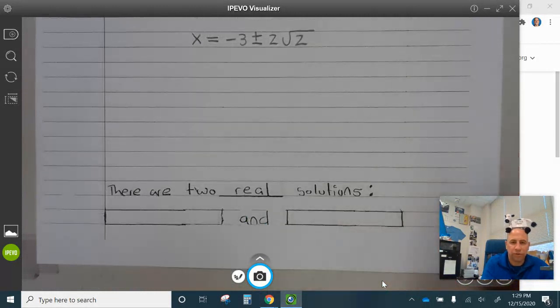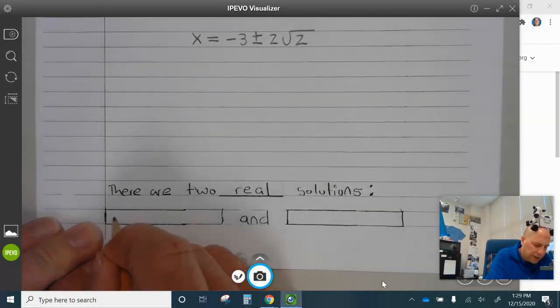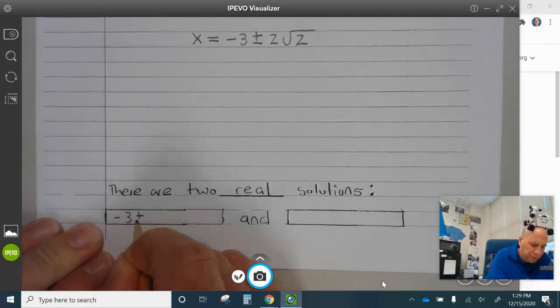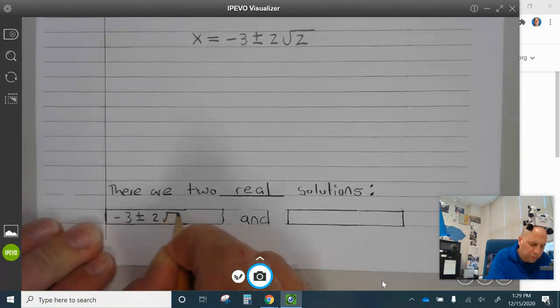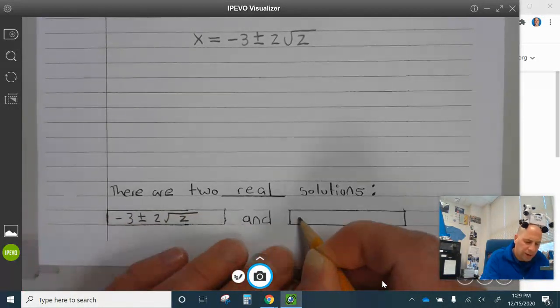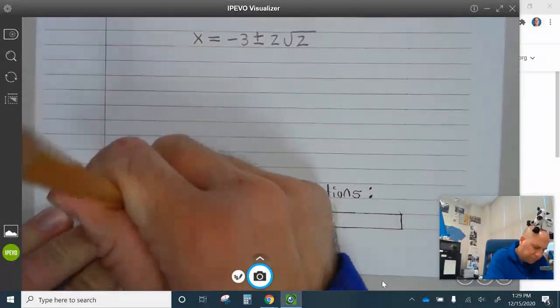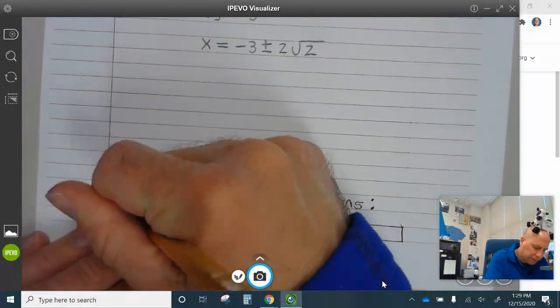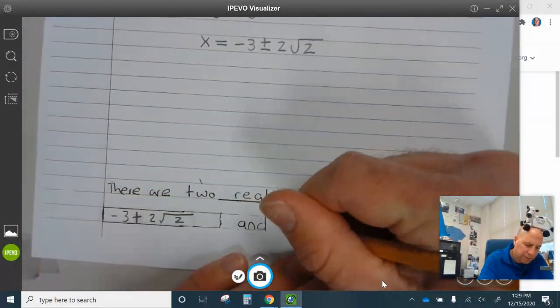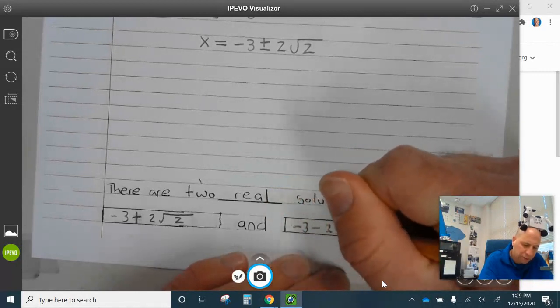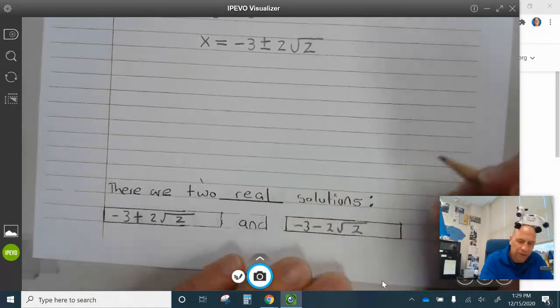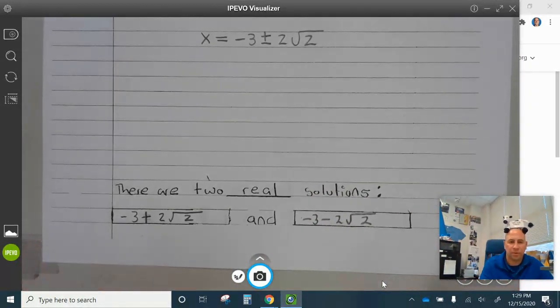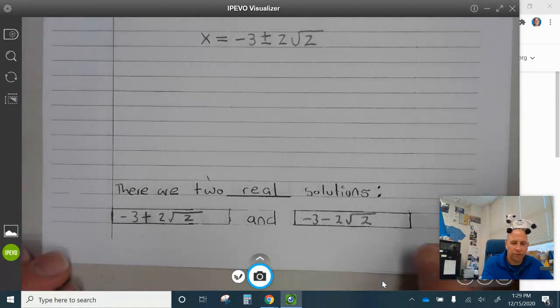So there are two real solutions: negative 3 plus 2 square roots of 2, and negative 3 minus 2 square roots of 2. Okay? All right, go ahead and finish up example 1.